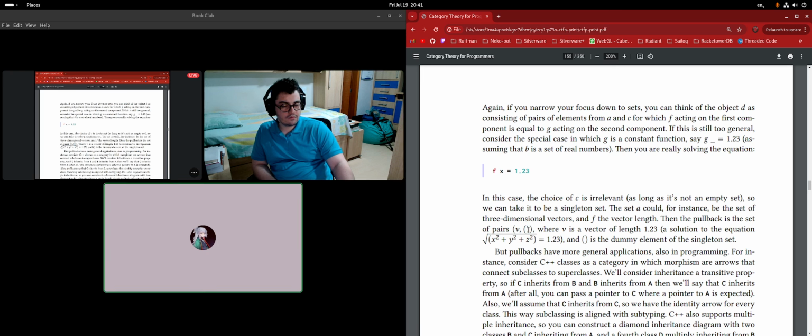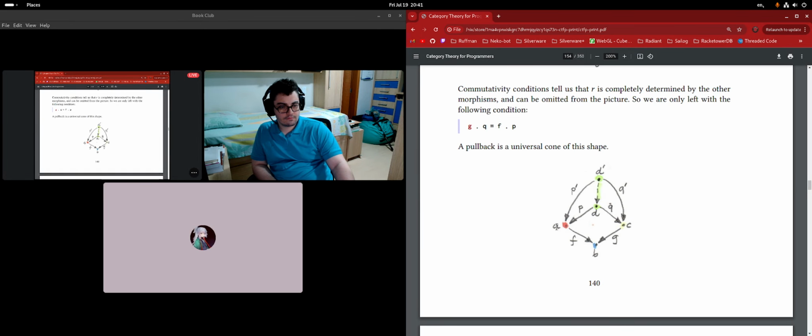Here it's giving the example that the set A is a three-dimensional vector, and the pullback is actually a pair because if you go back up to the diagram, you need the A and the C together because you need to have F and G defined, right?